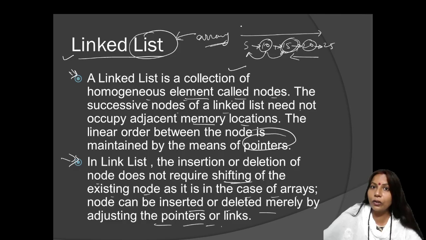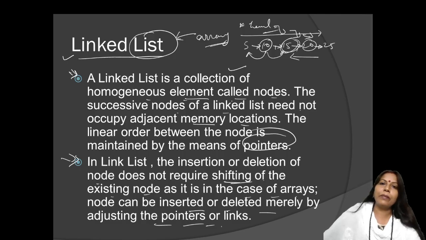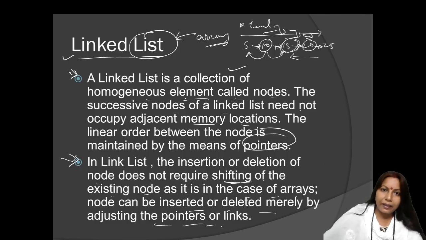In this case we need to use the pointer and we will have to traverse for each element after using this address. Okay, so this is called a linked list.